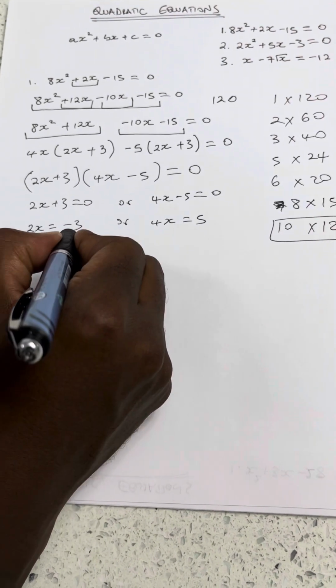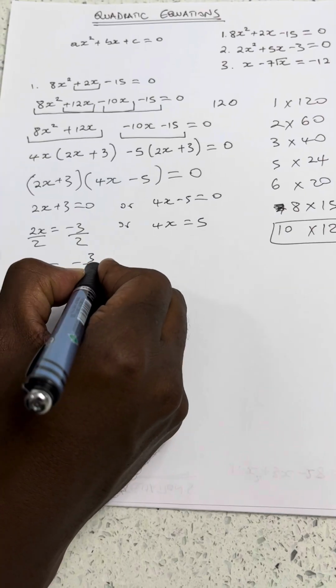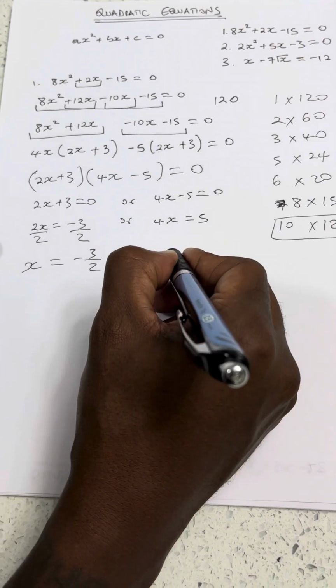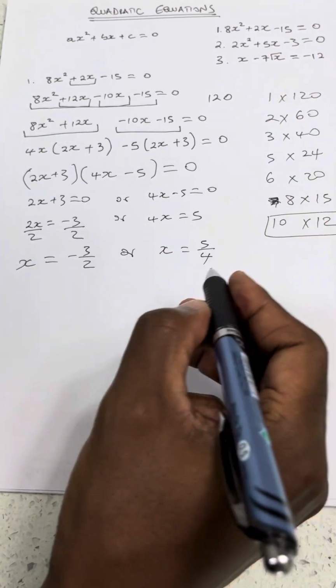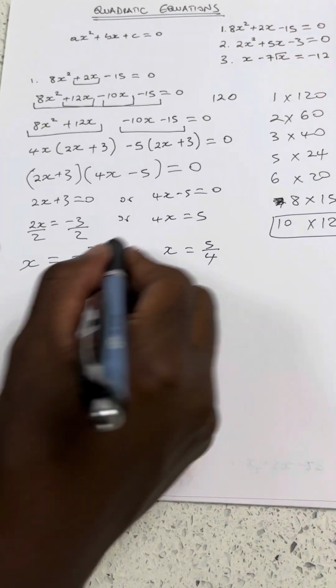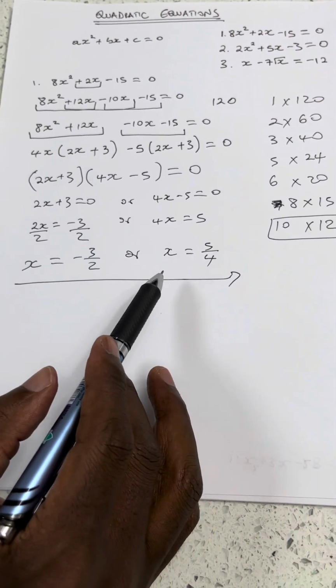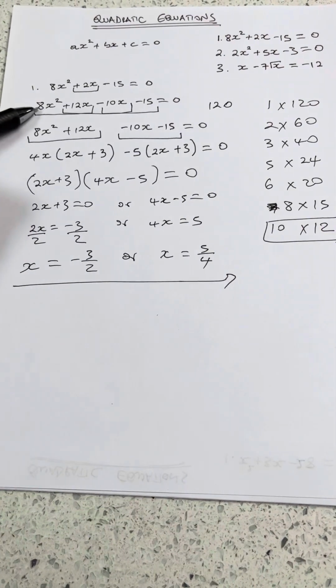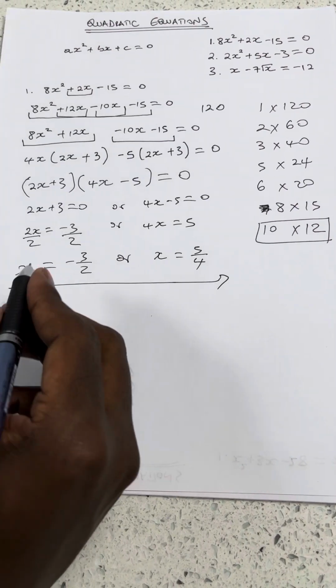If we divide by 2 on both sides, we now have x is equal to negative 3 over 2, or x is equal to 5 over 4, divided by 4 on both sides on this one. This is how you would solve a problem where the leading coefficient is not equal to 1.